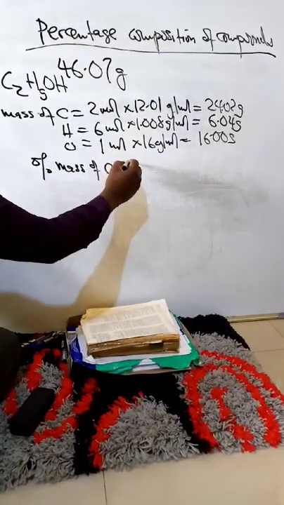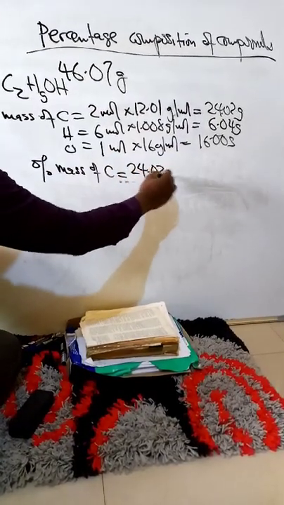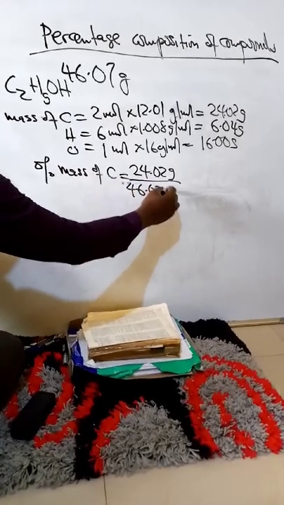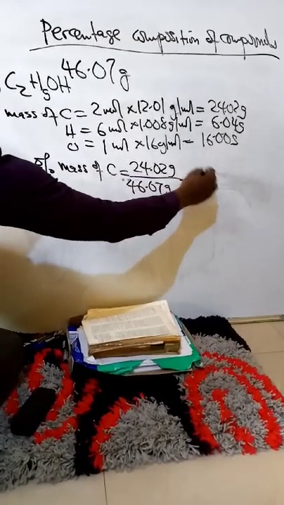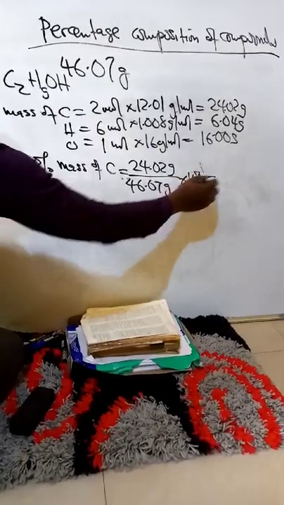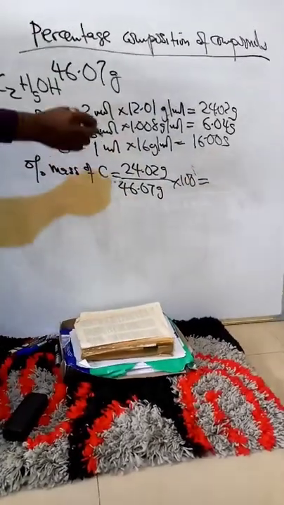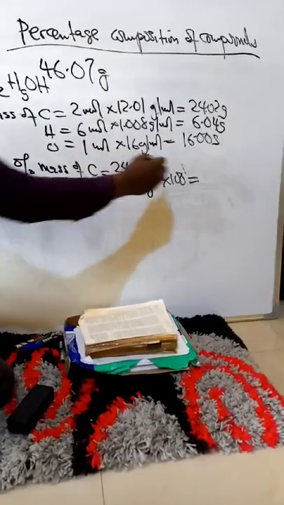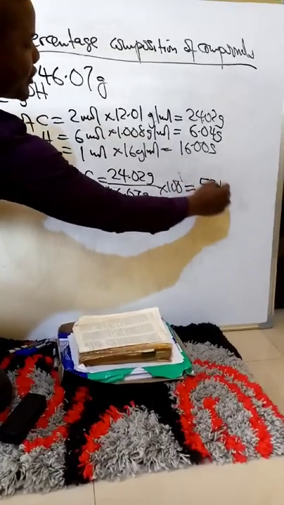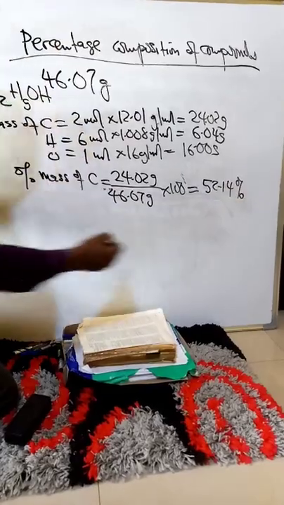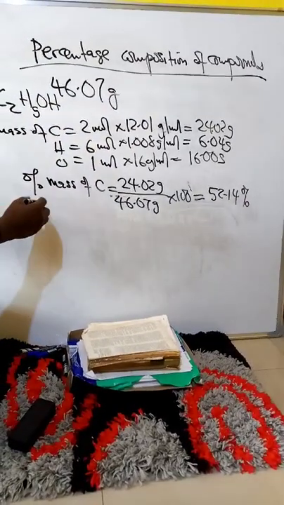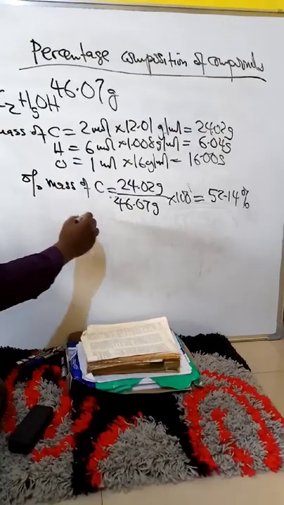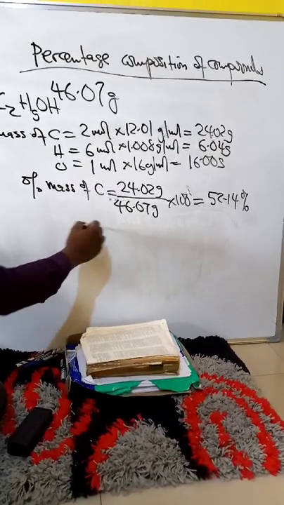So in this case we have 24.02 grams over 46.07 grams times 100. So this is giving us 52.14%.